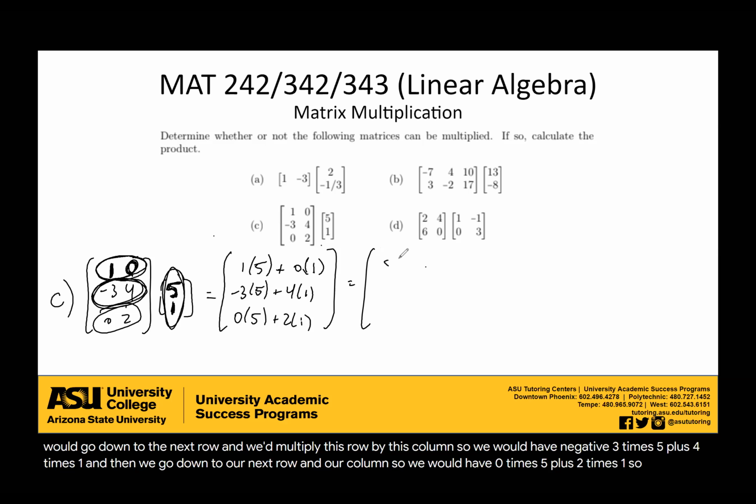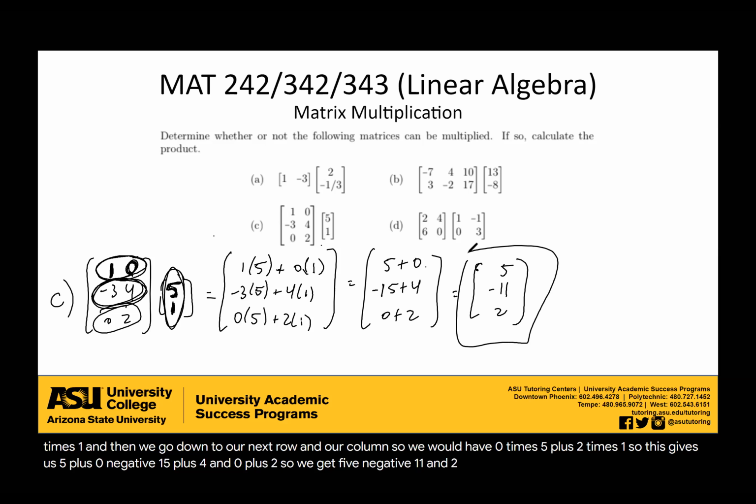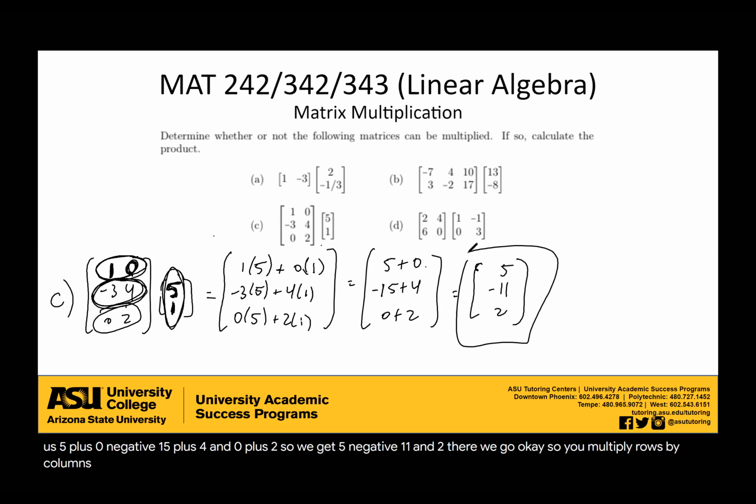So this gives us 5 plus 0, -15 plus 4, and 0 plus 2. So we get 5, -11, and 2. There we go. Okay, so you multiply rows by columns. And again, you don't have to think of it as twisting in space. That just personally works for me.